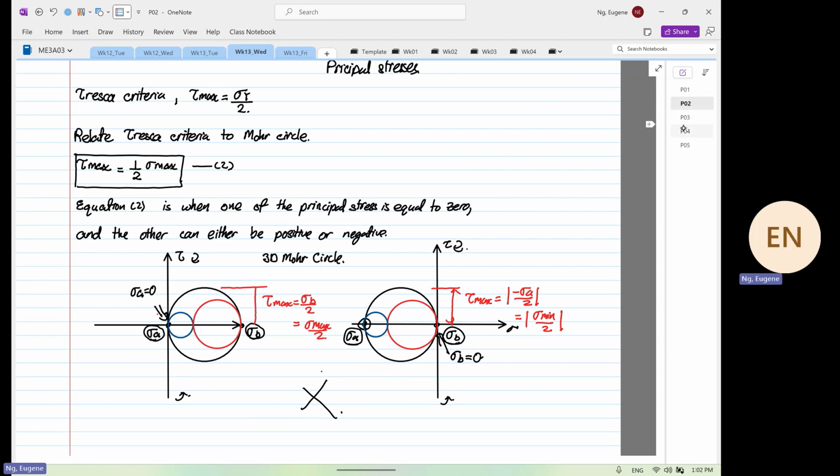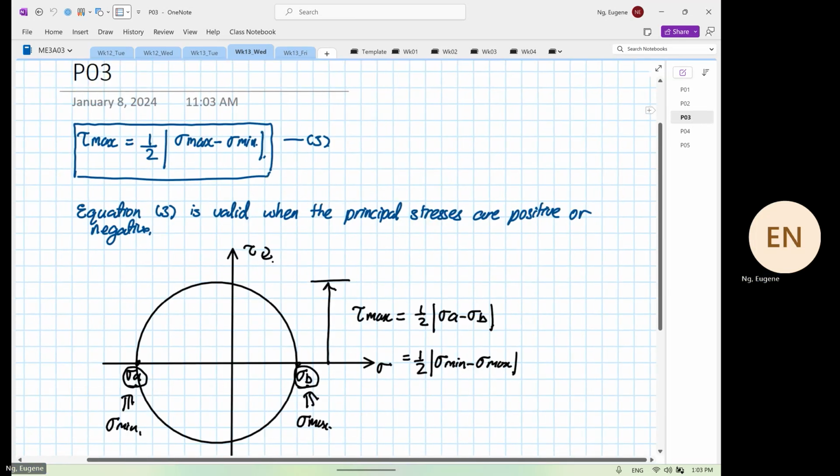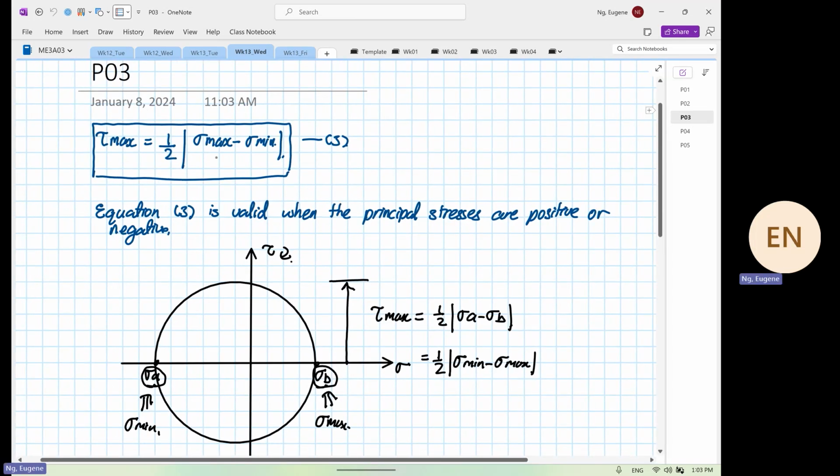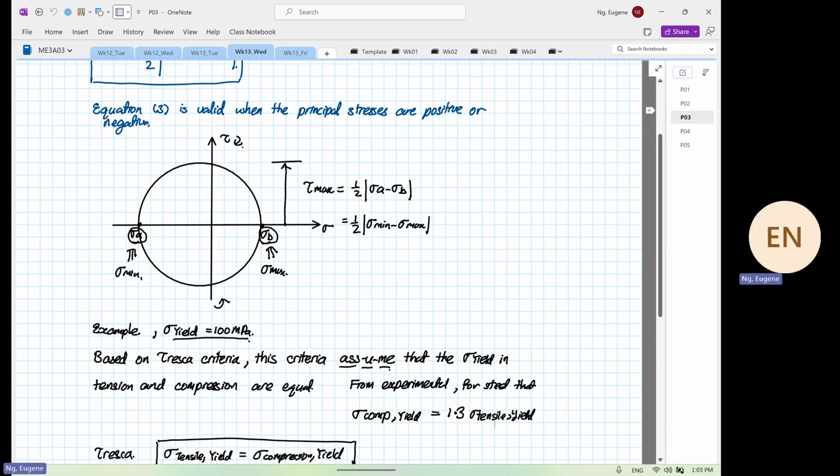Because if it's this configuration, you can just use stress max divided by 2. But it's not. So when it's not, it's in the other condition, where it's equal to stress max minus stress mean divided by 2. And this is our current 3D Mohr circle. Okay. Right.